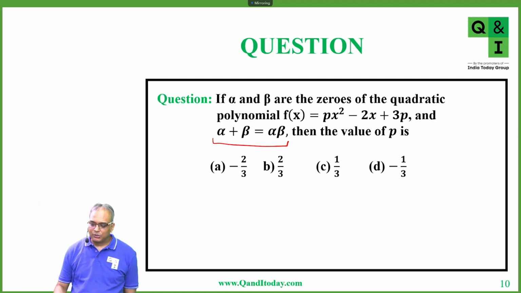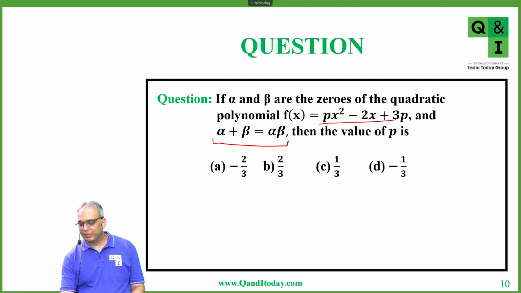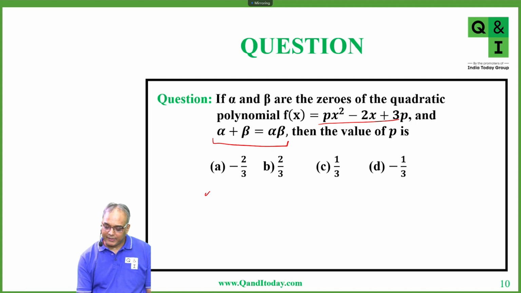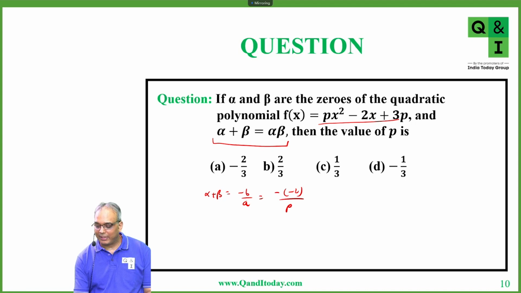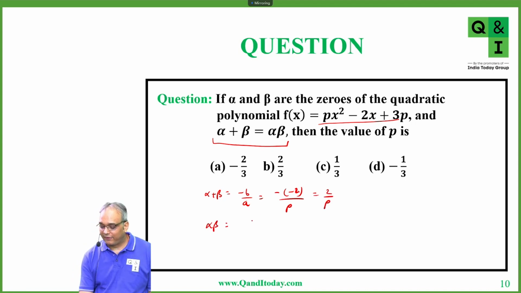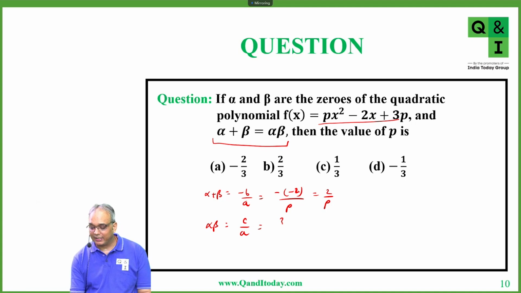Good. So here alpha and beta are the zeros of this quadratic polynomial. Now here alpha plus beta will be minus b by a, that is negative of negative 2 by p, that is 2 over p. Alpha beta is equal to c over a, that is 3p by p.